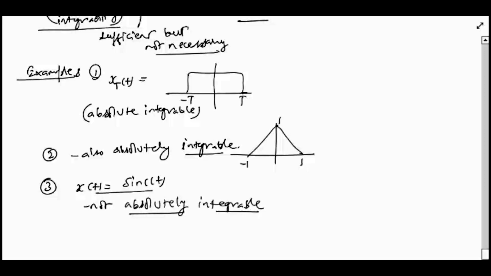I will not get into details of why it's not absolutely integrable, but it's important to notice that even though it's not absolutely integrable, its Fourier transform exists. That is, the integration that defines the Fourier transform, the integral from minus infinity to infinity of x(t) e raised to minus j omega t dt, is well defined.